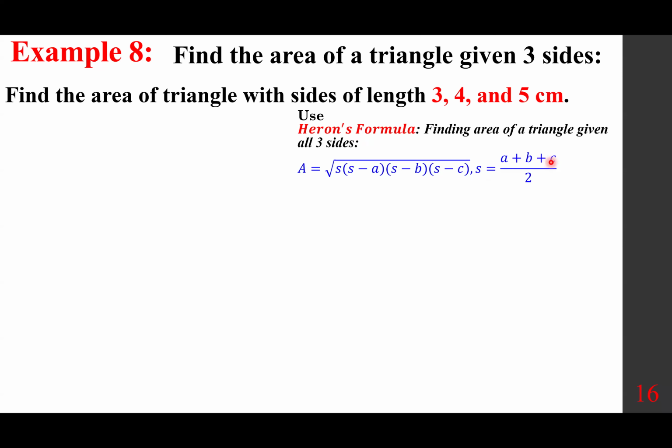First of all, A plus B plus C divided by 2 is used as S. This is called the semi-perimeter. And the area is the square root of S times S minus A times S minus B times S minus C.